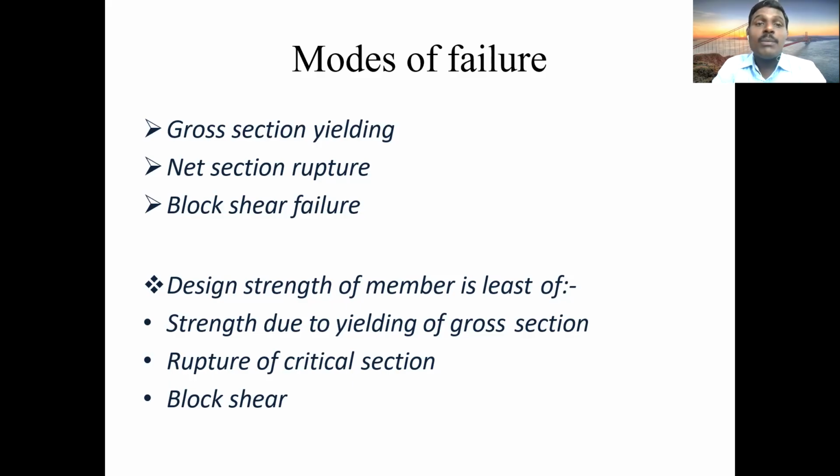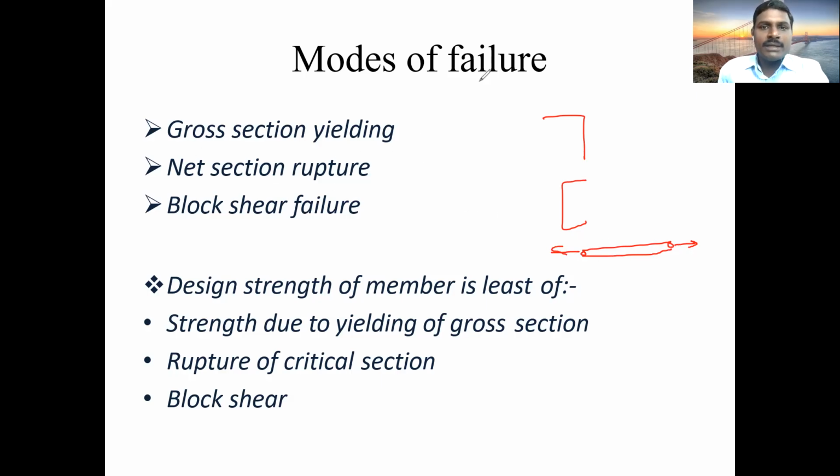So which types of failure come? Any angle section, any channel section, any rod or cable.